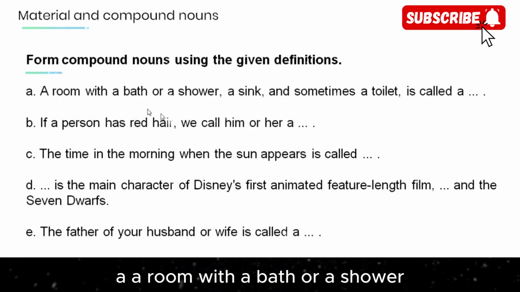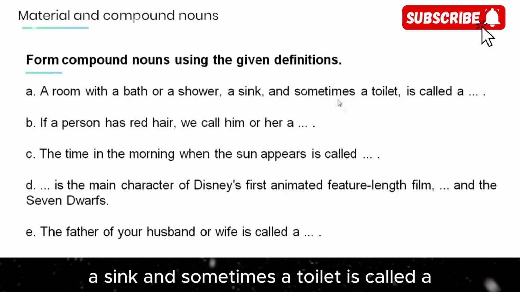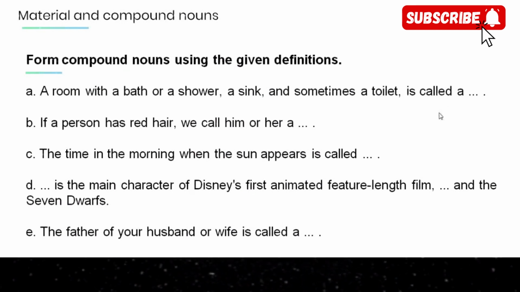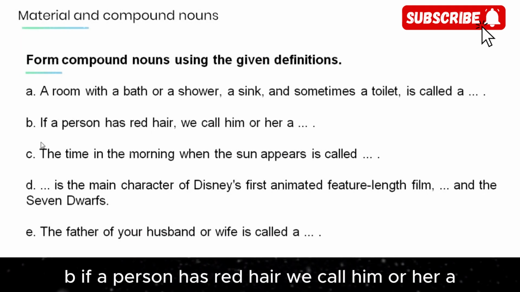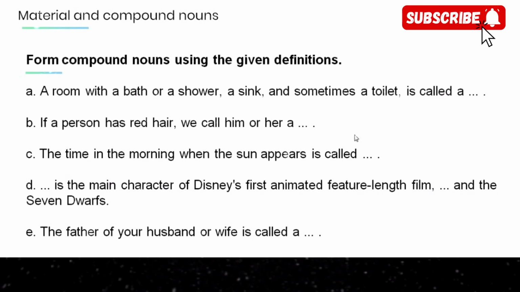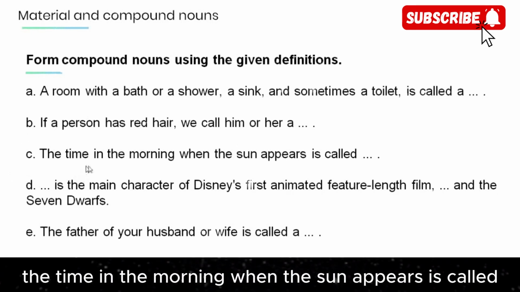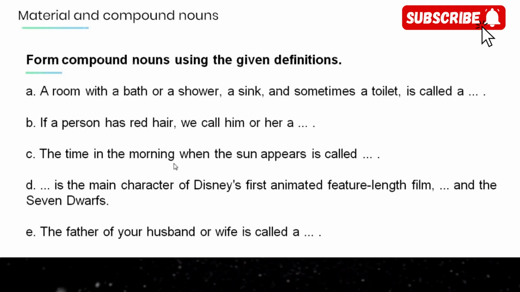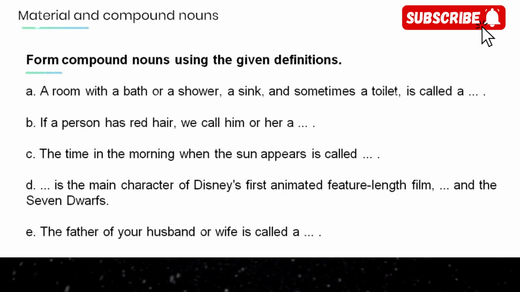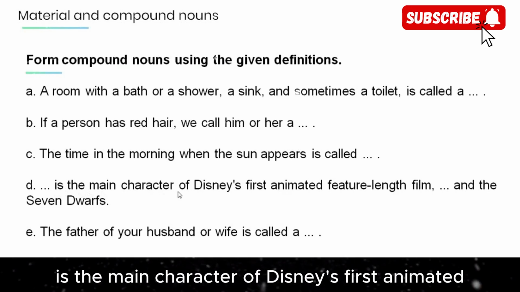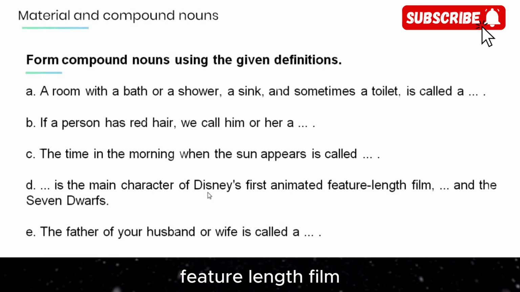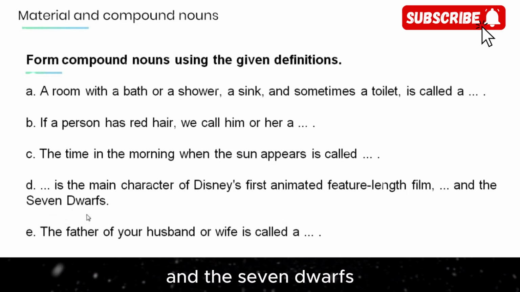A. A room with a bath or a shower, a sink, and sometimes a toilet is called a... B. If a person has red hair, we call him or her a... C. The time in the morning when the sun appears is called... D. Is the main character of Disney's first animated feature-length film, Snow White and The Seven Dwarfs.